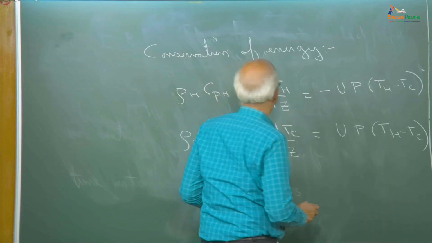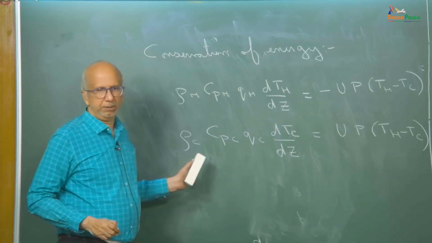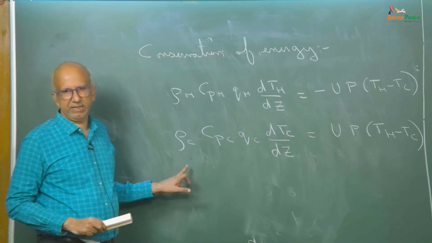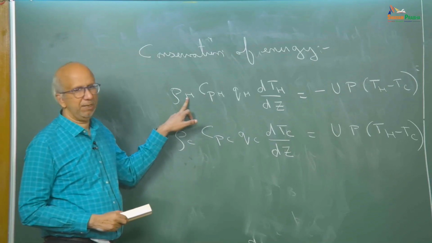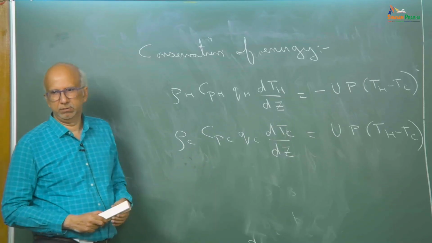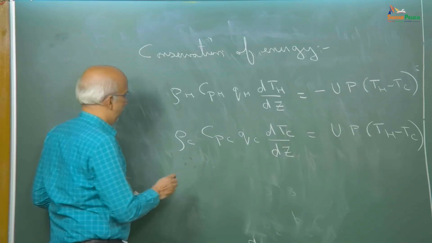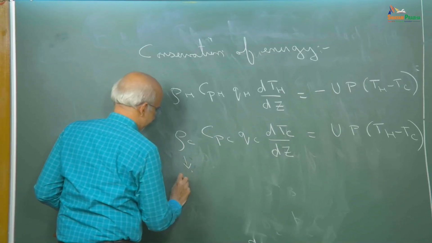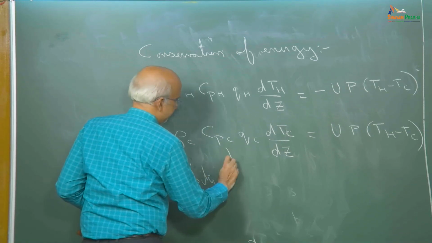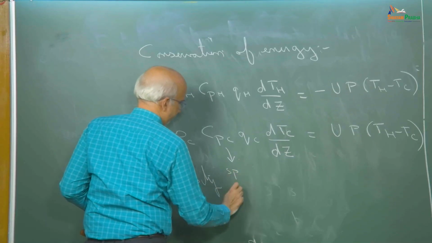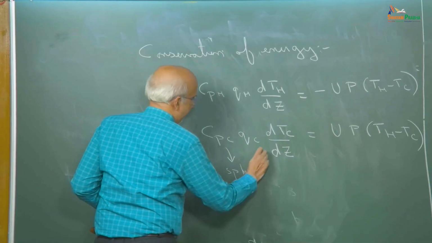So what is rho? The density. This is the density of either the cold fluid or the hot fluid. The subscript H is for hot, C is for cold, because there are two different liquids. This is your specific heat, and this is your flow rate.